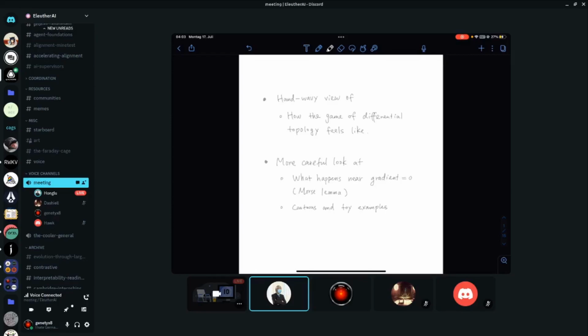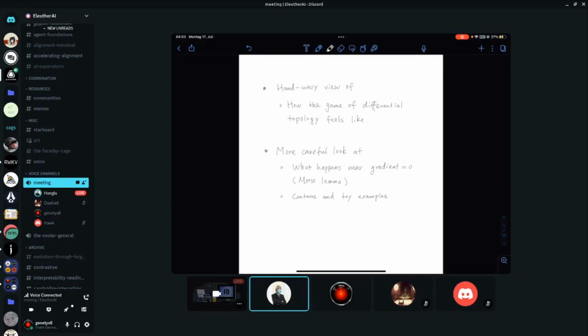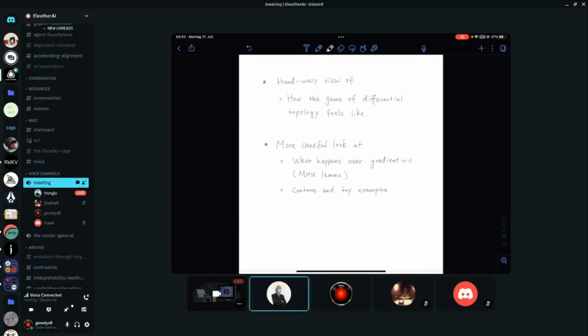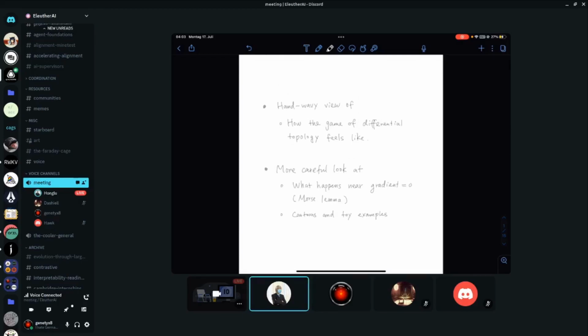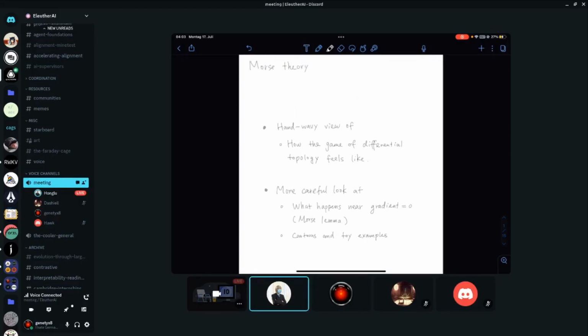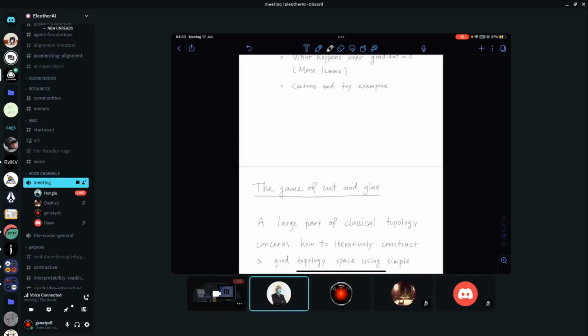That's basically the Morse lemma. There's a little bit of computation that we can look at carefully. It's not very ambitious, and I might even end the talk early.